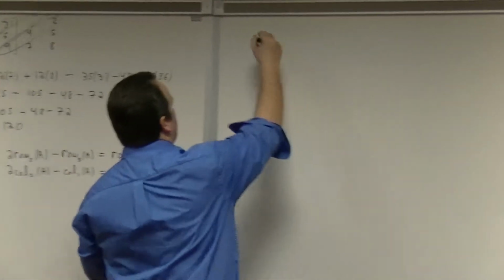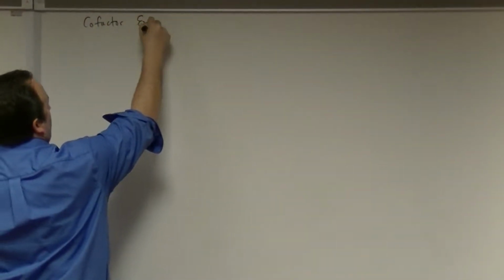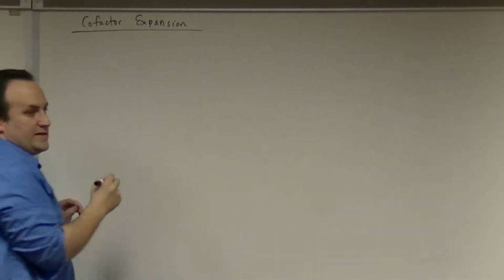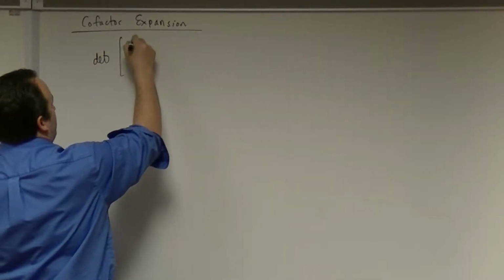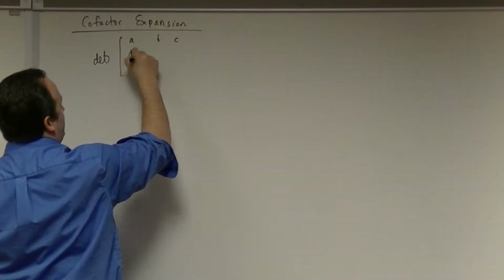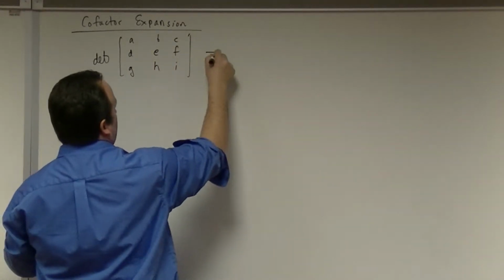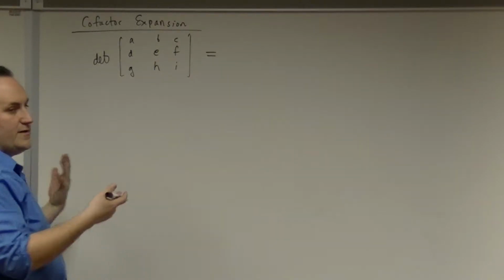But there's another thing called the cofactor expansion, all right? The cofactor expansion for the determinant. And the cofactor expansion works like this. So if I have the determinant, I'll show you A, B, C, D, E, F, G, H, I. The way it works for the 3 by 3 case. Now, this is the expansion across the top row.